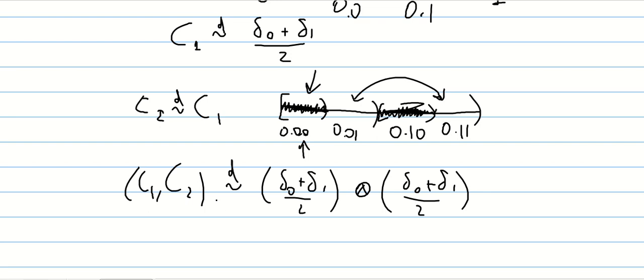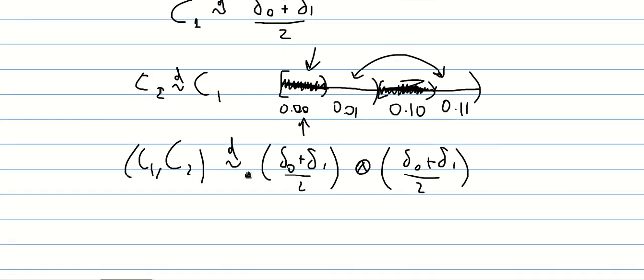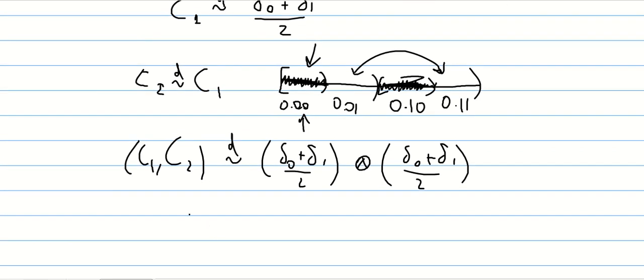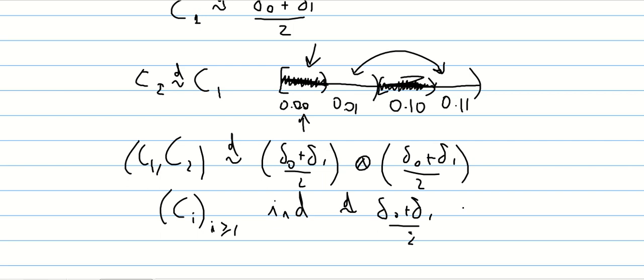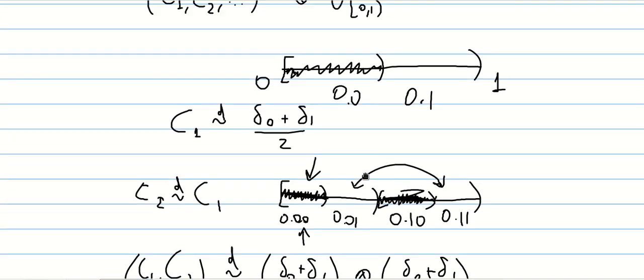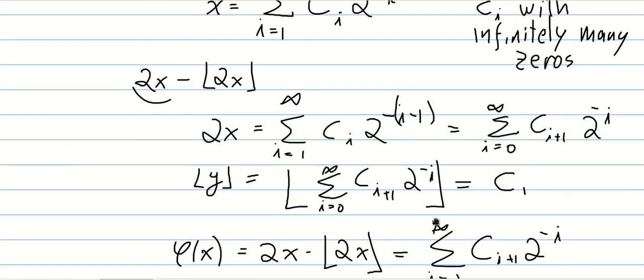So it's a product. And you can continue this boring calculation to realize that the C_i's are IID with distribution (delta 0 plus delta 1) over 2 under the Lebesgue measure in the interval. So this is what makes the whole calculation possible.